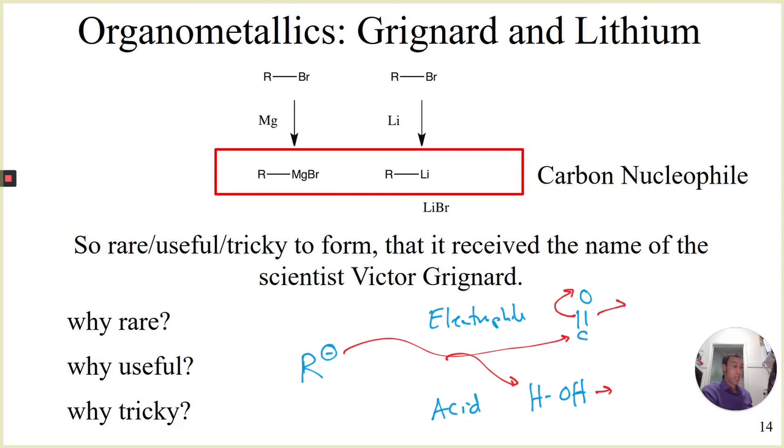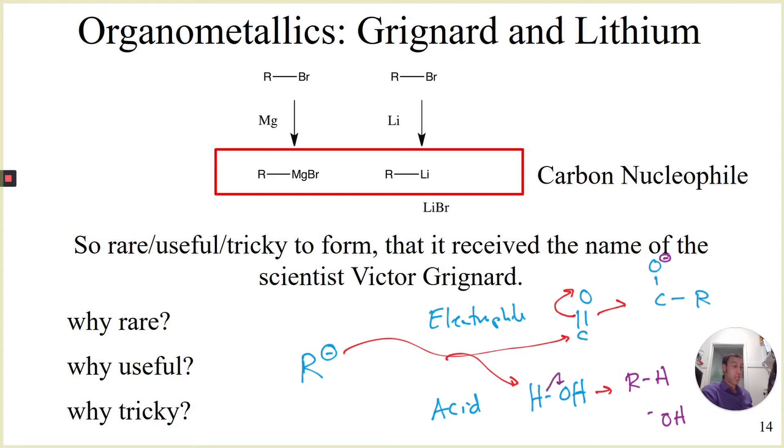So if we ran through those reactions, the top one would give us our nucleophilic addition reaction, where we now have our carbon, our oxygen, and our R group. We'll address charges here in a second. And in the bottom one, we'd end up with RH and OH minus as that charge comes out.